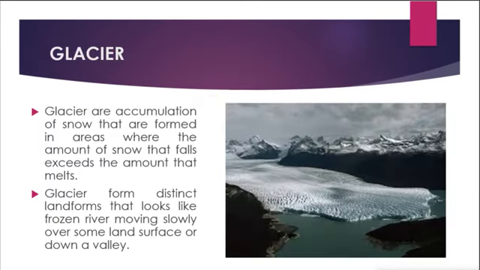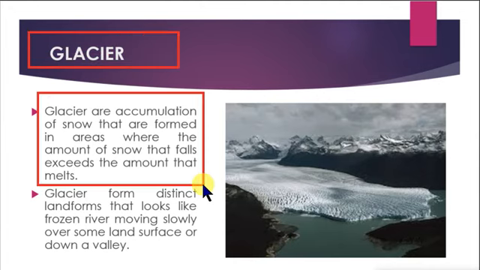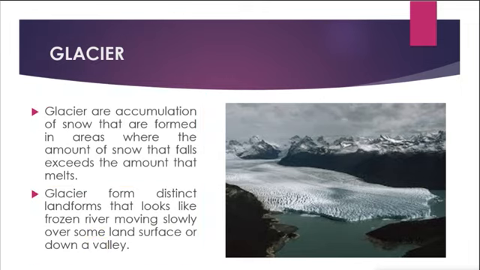Now let us read about glaciers. Glaciers are accumulations of snow that are formed in areas where the amount of snow that falls exceeds the amount that melts. Glaciers form distinct landforms that look like a frozen river moving slowly over some land surface or down a valley.